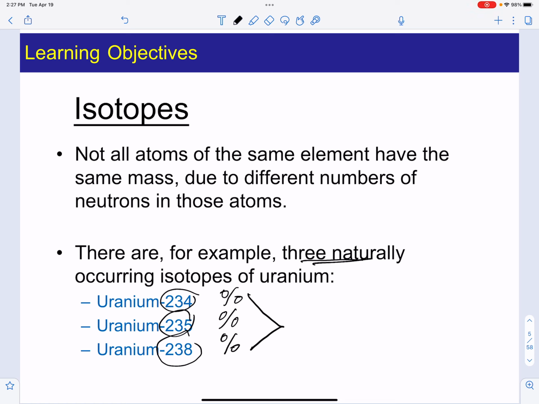So the mass number is very different from the weight that shows on the periodic table. The mass number refers to one atom, how many protons, how many neutrons. The weight on the periodic table is an average of all the different isotopes for a particular element.